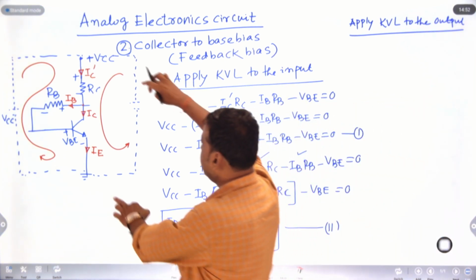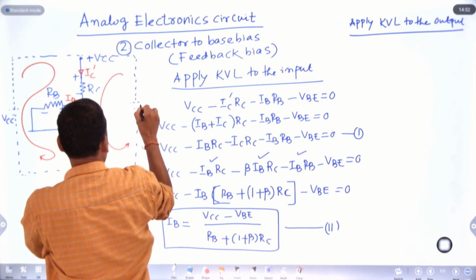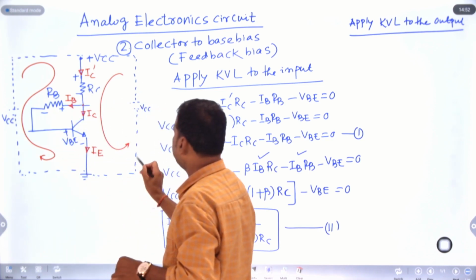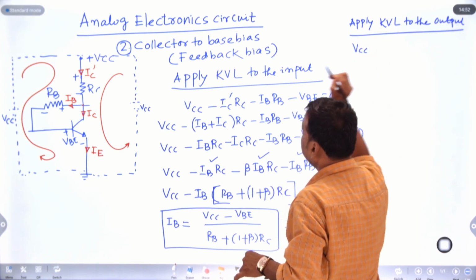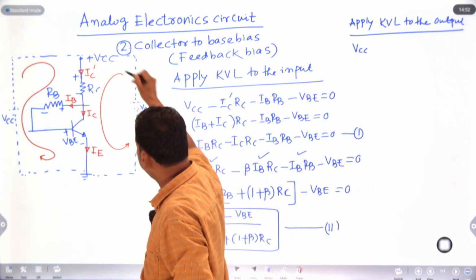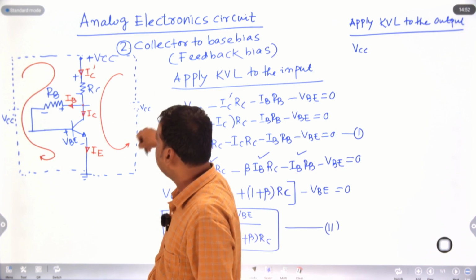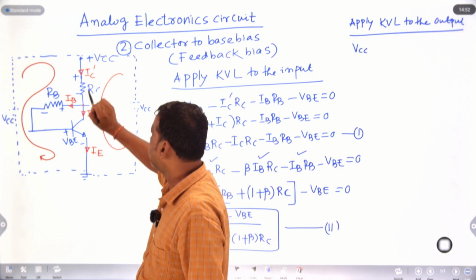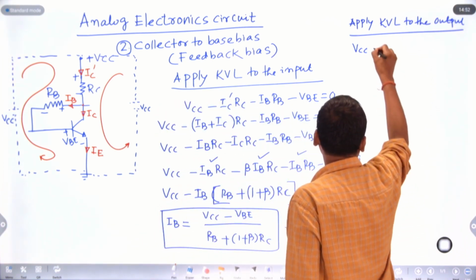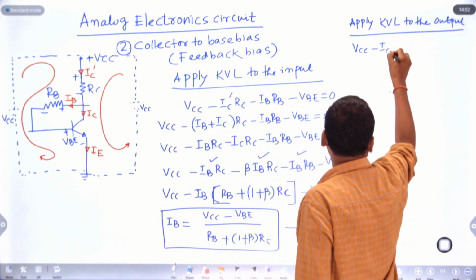The same VCC supplies both input and output. Moving from minus to plus, that is plus VCC. Then I am going anticlockwise in the output loop, plus to minus, minus. Current IC dash into RC. So VCC minus IC dash RC.